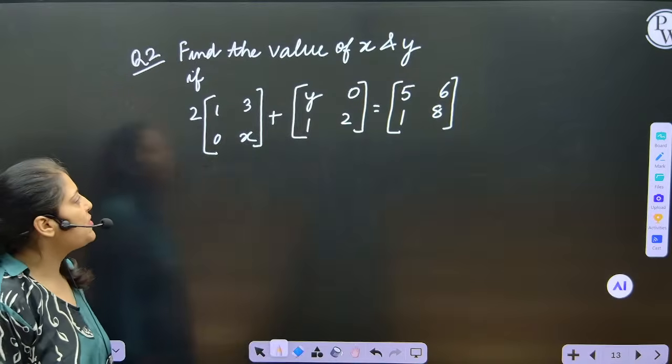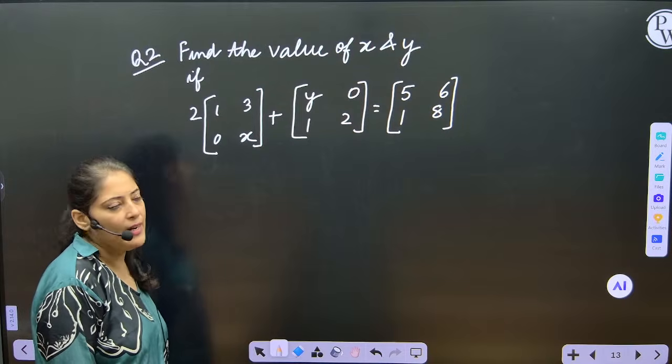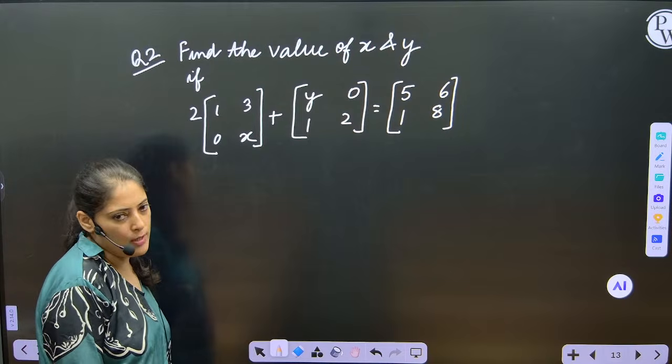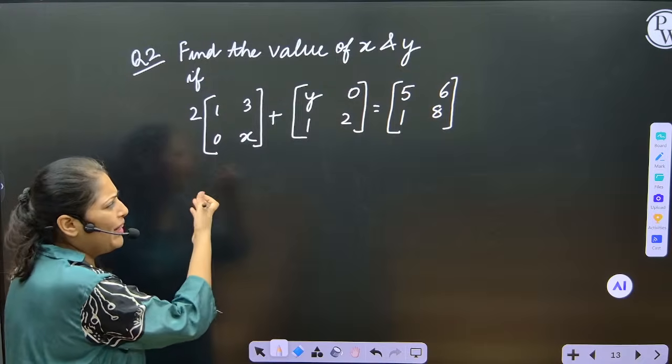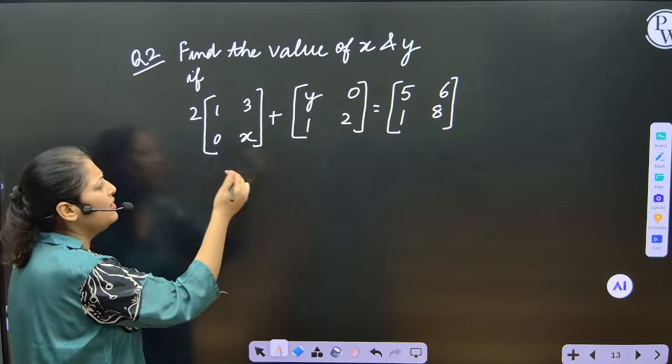All right, so we have to find the value of x and we have to find the value of y also. Whatever the operation they are asking, we'll do that.